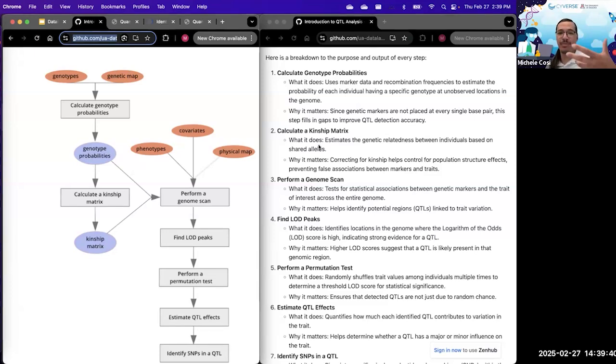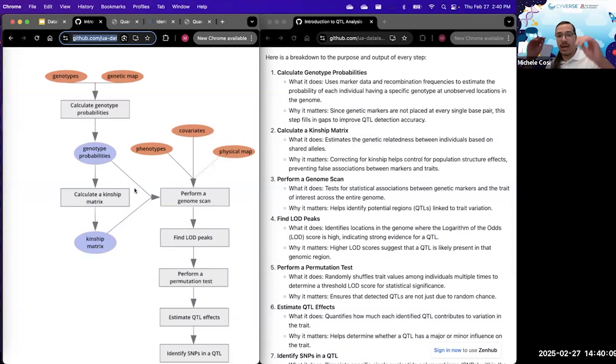Calculating genotype probability is important because genetic markers are not placed at every single base pair, and this step fills the gap to improve the QTL detection accuracy. Genetic maps are extremely important in that specific case, and with the genotypes, you can get the genotype probabilities.